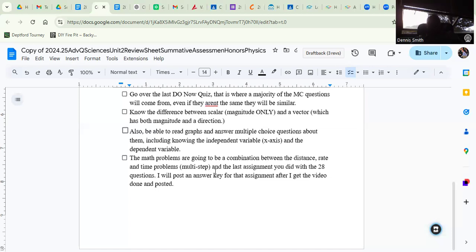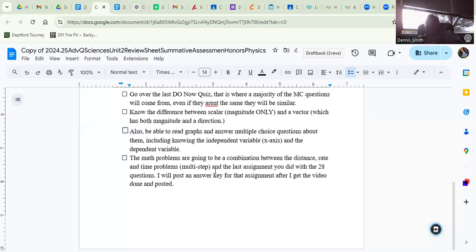There will probably be at least 20 to 25 multiple choice questions, and you're going to have at least 5 math questions. The multiple choice questions will be worth 3 points each. So you'll probably be anywhere from 65 to 75 points on the multiple choice piece. On the math questions, probably 5 of them, they'll be worth maybe 10 to 15 each.